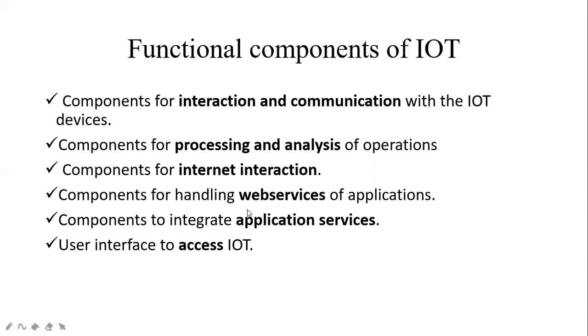Web services, which type of web services are required to implement your application, come under web application functional components. Application services and access tools for IoT, meaning which type of application you are using to show your final data, come under application services or your user interface. So these are some of the functional components of your IoT.